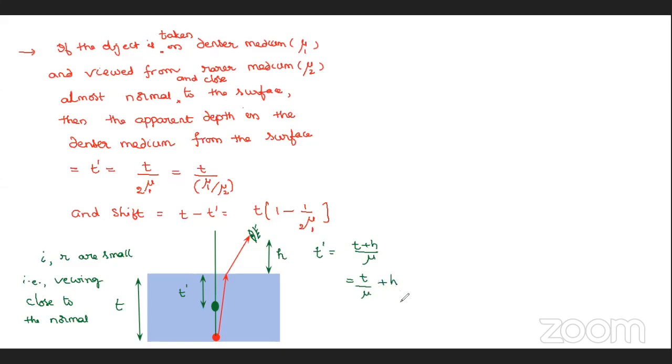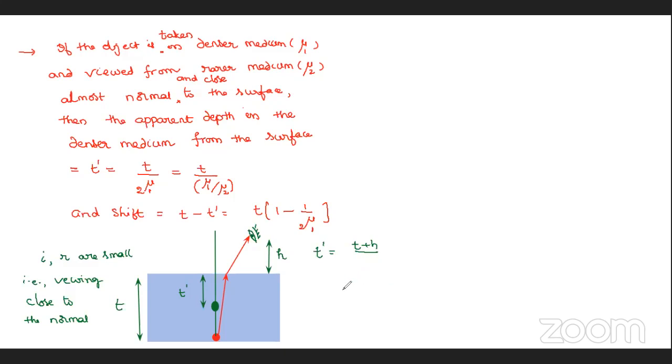Sir, the second one, T by mu plus H, sir. Why not T plus H by mu? Sir, because T by mu means the T dash length, and again plus H means above the surface, the height of the eyeball, that you have to understand.